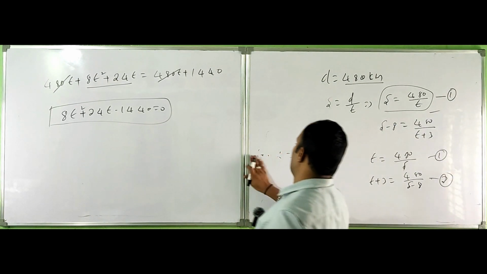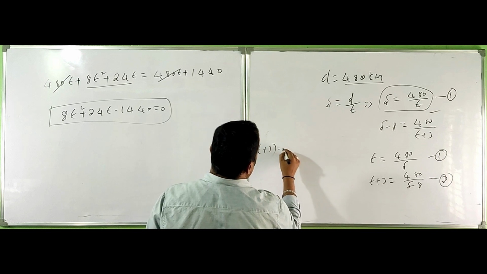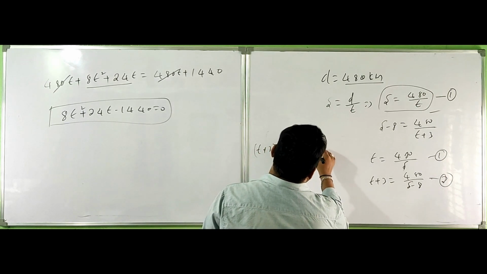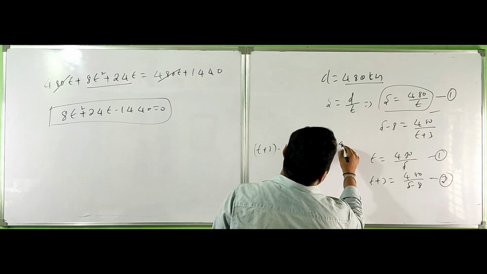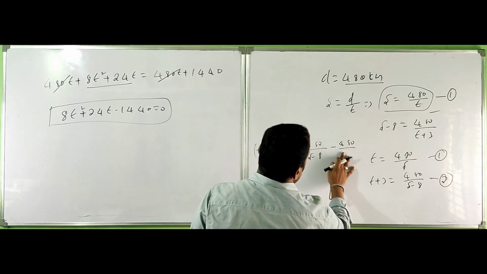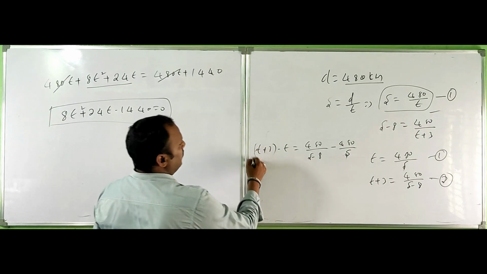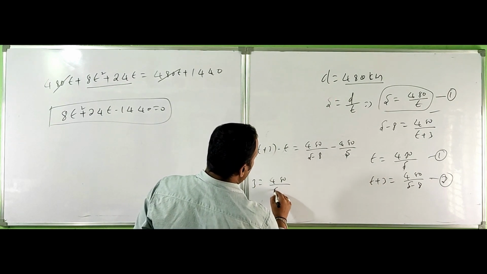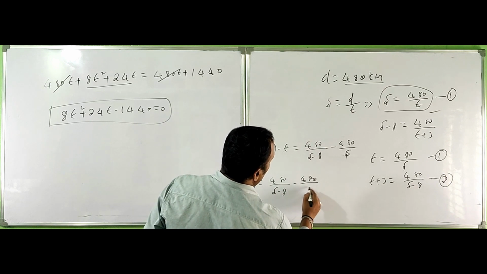T plus 3 minus t becomes 480 by s minus 8 minus 480 by s, where s is speed. So t gets cancelled: 3 is equal to 480 by s minus 8 minus 480 by s.